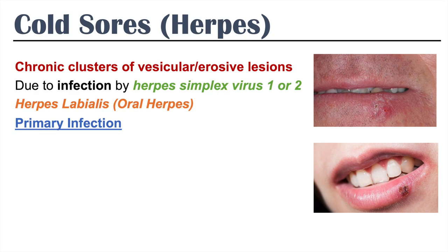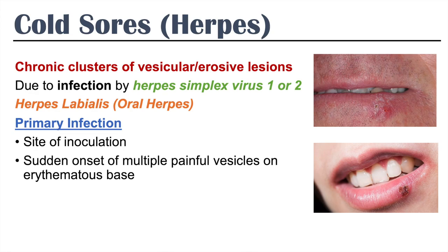Now, for the primary infection involving herpes simplex virus 1 or 2, there is a site of inoculation. So if someone comes into contact with someone else that is shedding the virus and there may be a break in the skin, that is the site of inoculation. There can be a sudden onset of multiple painful vesicles on an erythematous base.